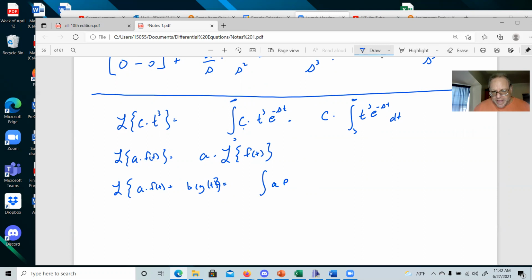That's the integral of e to the negative st times a f of t plus b g of t.